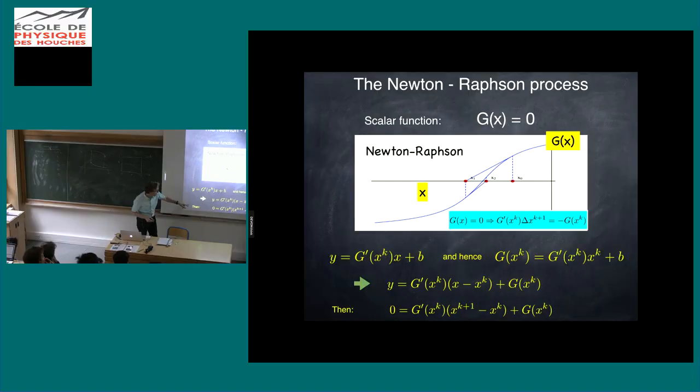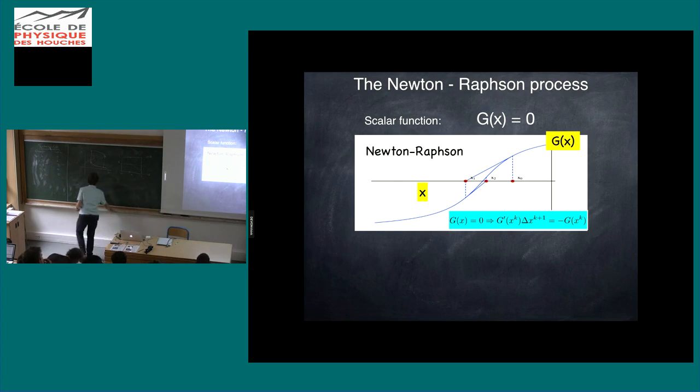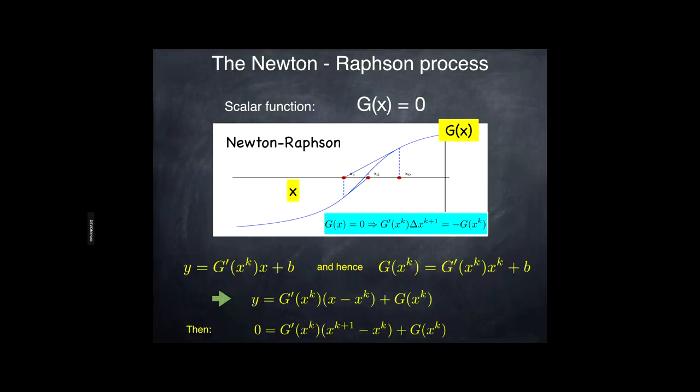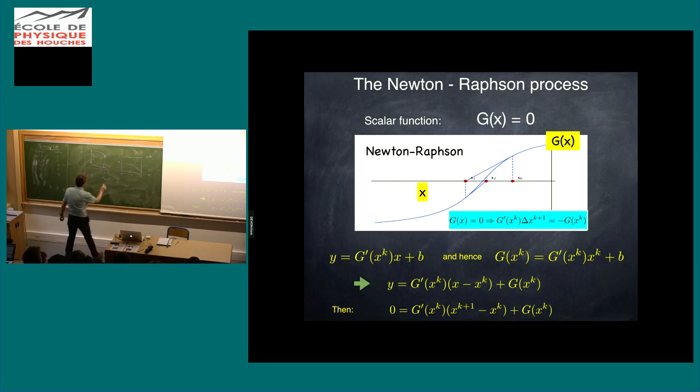Well, maybe I show that here for Newton-Raphson. If you solve for x_{k+1} in terms of x_k and g, maybe I write that out. Probably you cannot see this at the back. So in the Newton-Raphson, you have x_{k+1} equals x_k minus g(x_k) divided by g'(x_k).